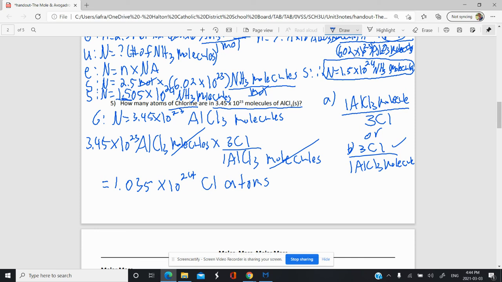But let's have our therefore statement, because this has to be the proper number of sig figs. We have 3 sig figs given to us. Don't count the number 3 here because that's an exact number. It's not really given to us in the question, but we have 3 sig figs given to us.